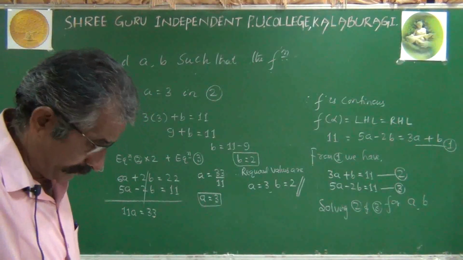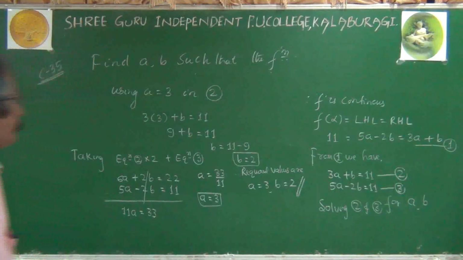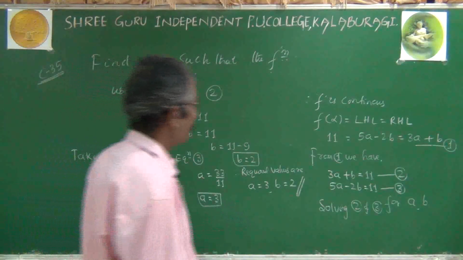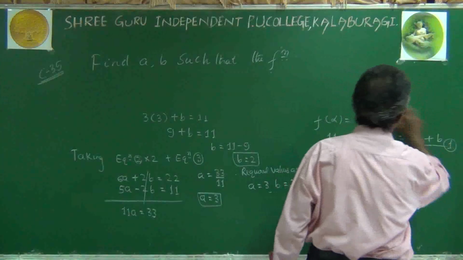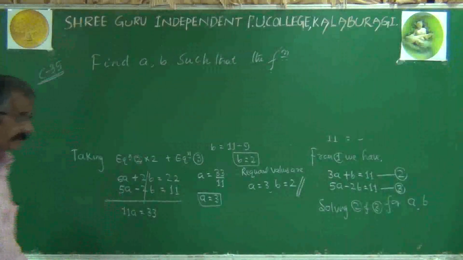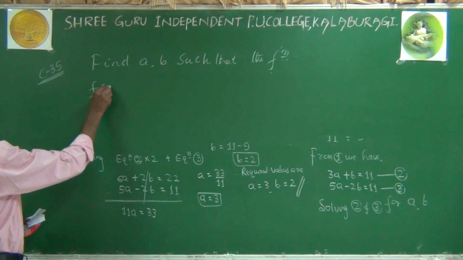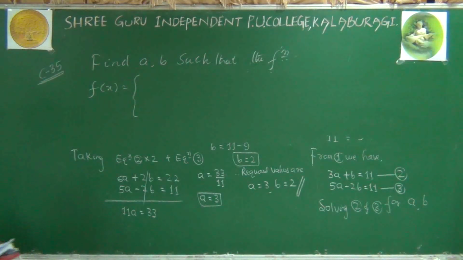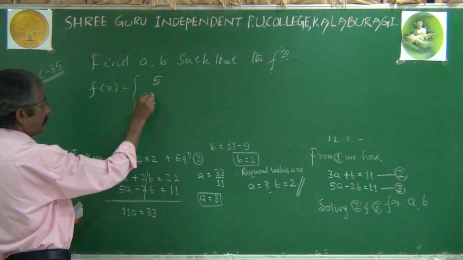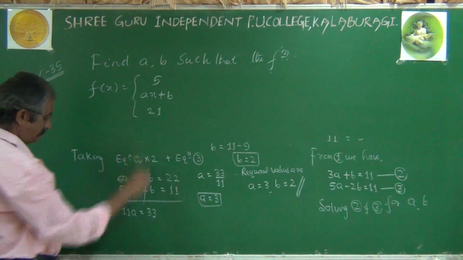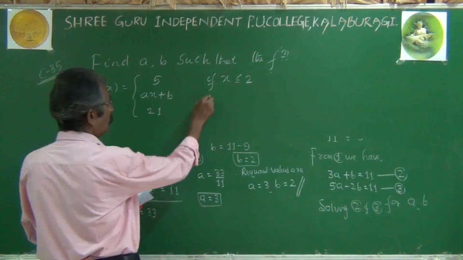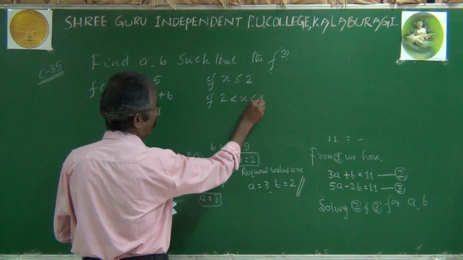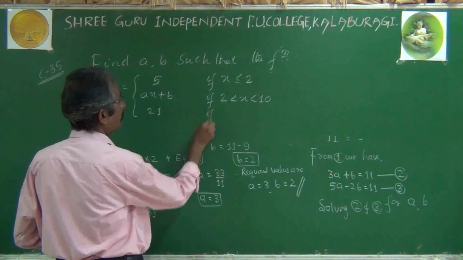Next problem. Find a comma b such that the function f of x is defined by three values: 5 if x is less than or equal to 2, ax plus b if 2 is less than x less than 10, and 21 if x is greater than or equal to 10.